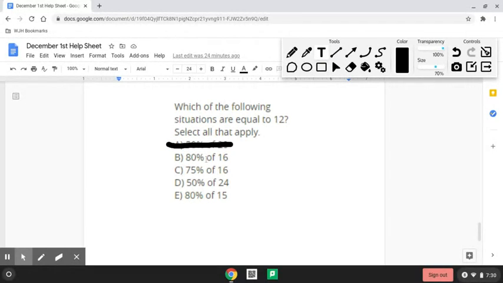So 80% of 16, let's move that decimal point 2 places to the left. 1, 2. So 0.8 times 16.